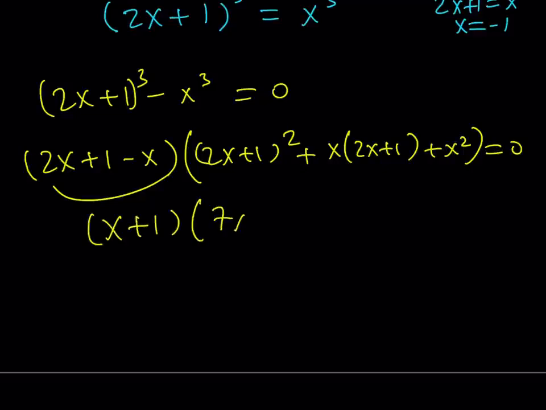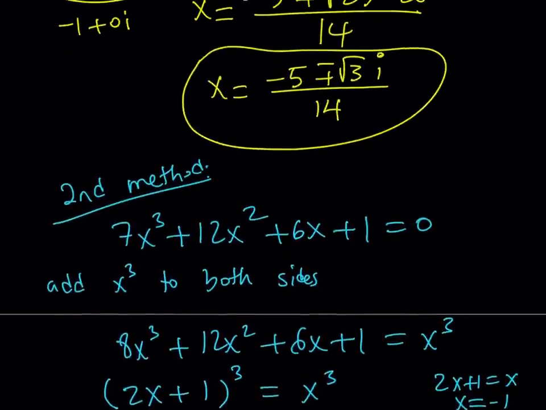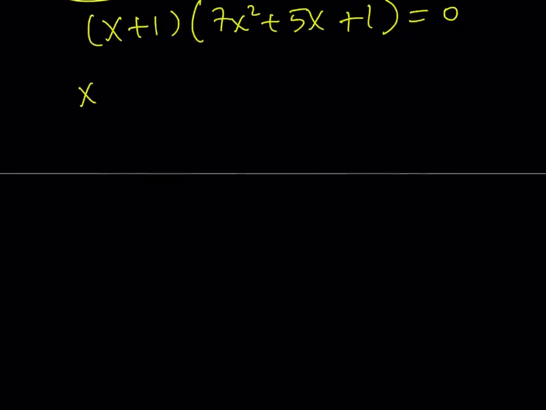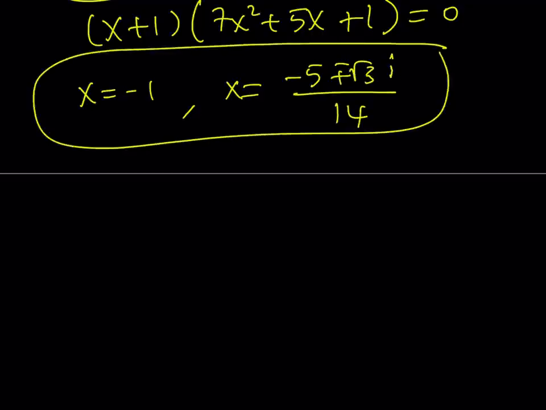And when you simplify, the other factor is going to be the same thing. And this is going to give you the exact same roots as the first method. Make sense? It's going to be exactly the same thing. So let's rewrite it one more time. x is going to be -1, or x is going to be -5 plus or minus square root of 3 i divided by 14. And this brings us to the end of this video.